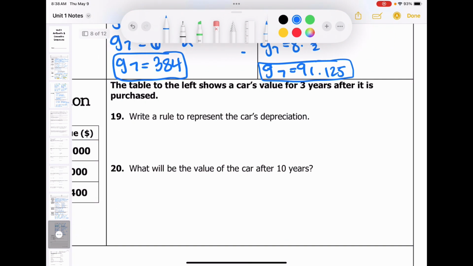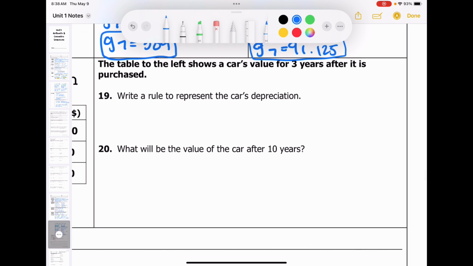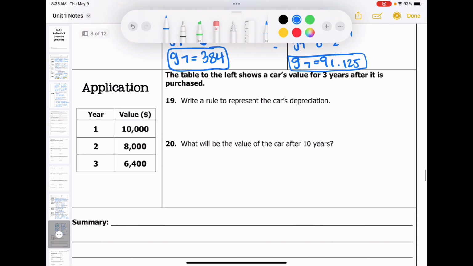All right, now we're going to look at an application problem. So the table to the left shows a car's value for 3 years after its purchase. Write a rule to represent the car's depreciation. So first thing we have to do is find our common ratio and our first term.